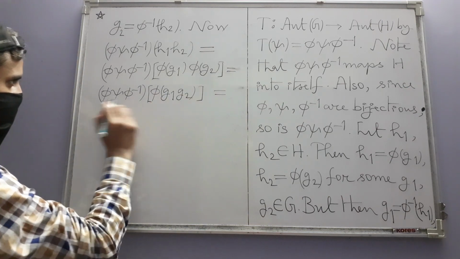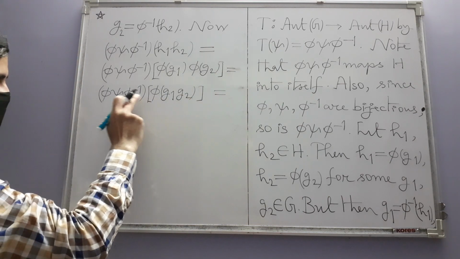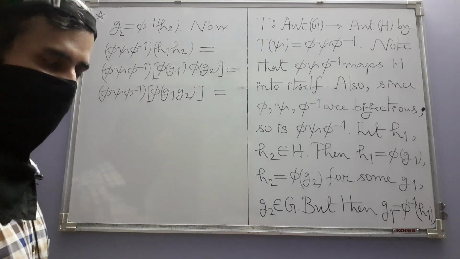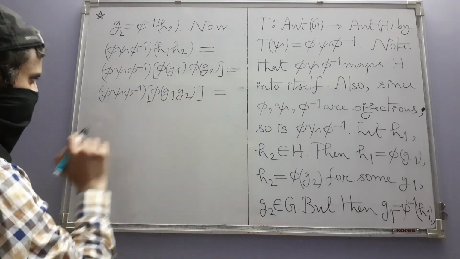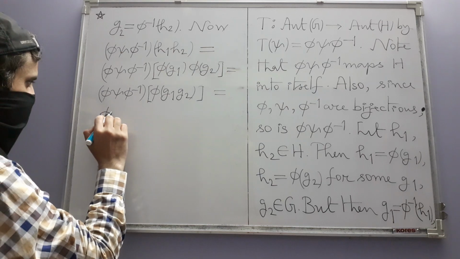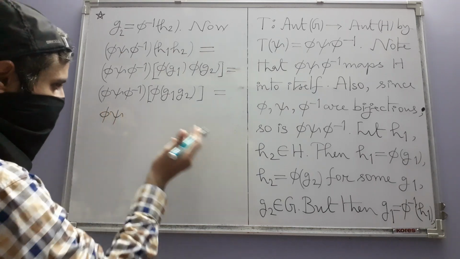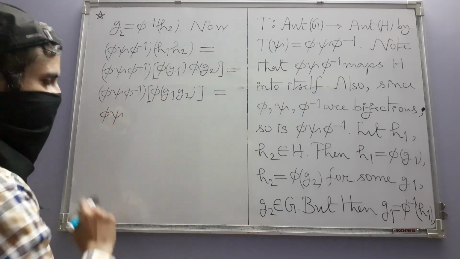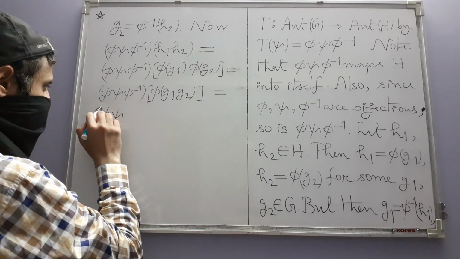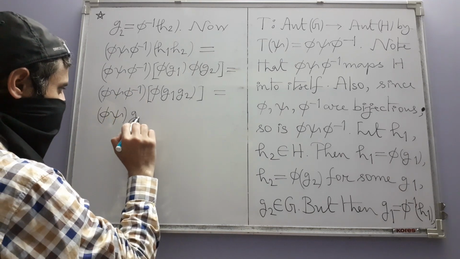Now because we are dealing with composition, phi and phi inverse will give us the identity map. That means we are going to get this next. More loosely speaking, they cancel out and we are left with this.